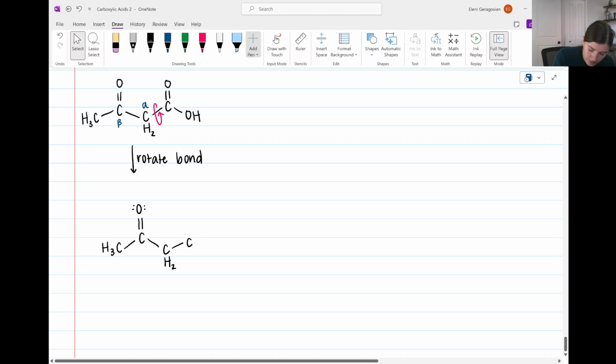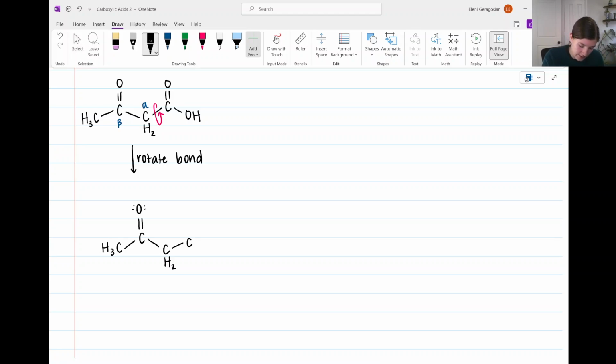The ketone carbonyl is in the same place. Now we have a single bond to oxygen above the carboxylic acid carbon, and then the carbonyl oxygen to the right. So I'm going to intentionally draw the hydrogen a little bit to the left.